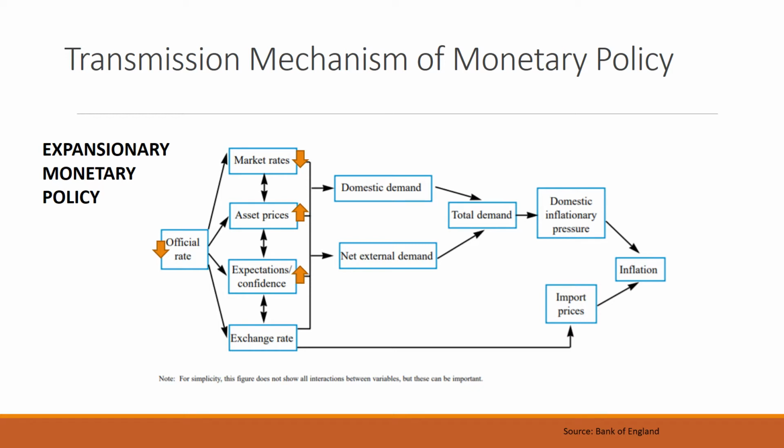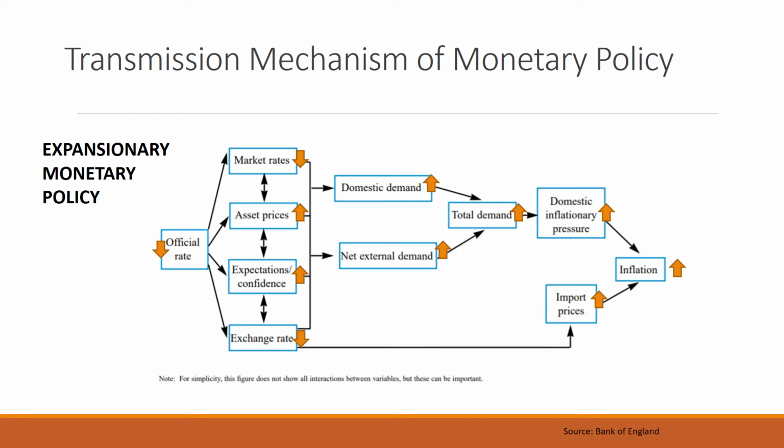And the exchange rate should fall. This should increase both domestic demand and net external demand, which should increase total demand. Domestic inflationary pressure should rise, pushing up overall inflation. In addition, as the exchange rate has fallen, import prices should also rise, contributing to inflation as well.